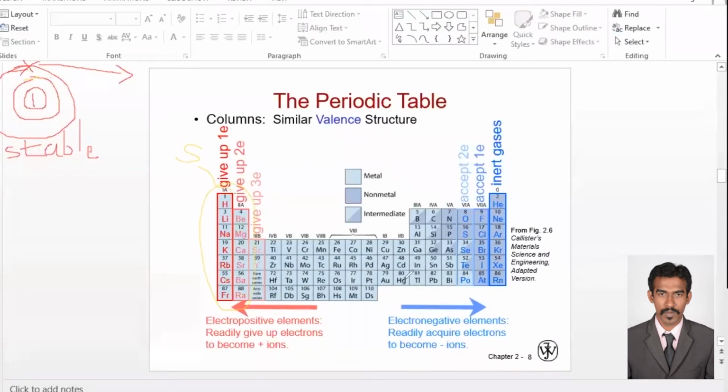And these elements which are here, we call them P block elements, because their final orbit is filled with P electrons.